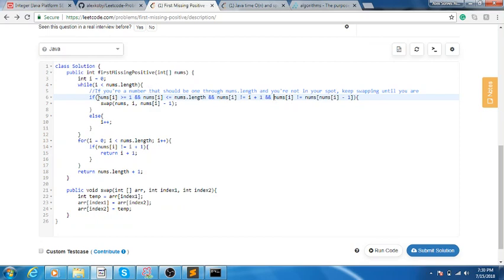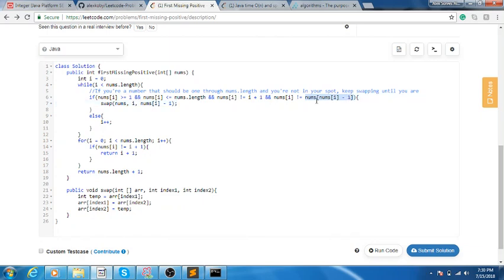In the last case, we don't want to do anything is, well, these two check things we do want to do, and these two check conditions we want to make sure we want to avoid. So we also avoid if num sub I, so say I is 1, or if I is 0 and num sub I would be 1, we want to check if this element is not equal to the element we're swapping with.